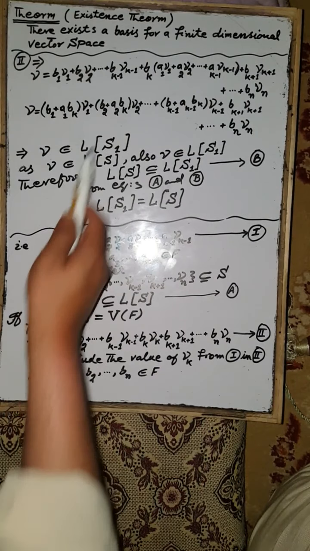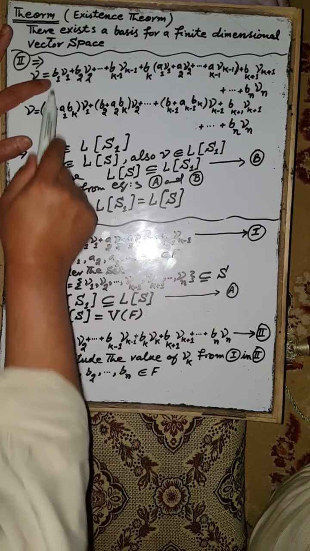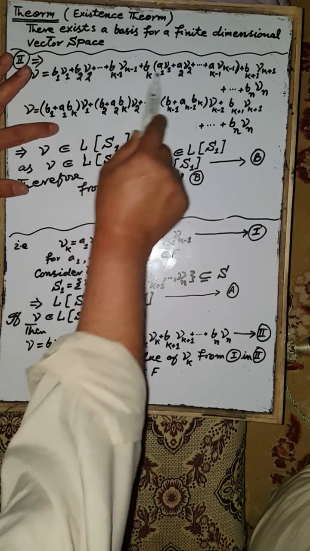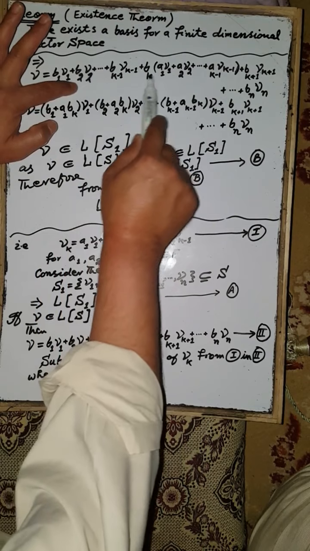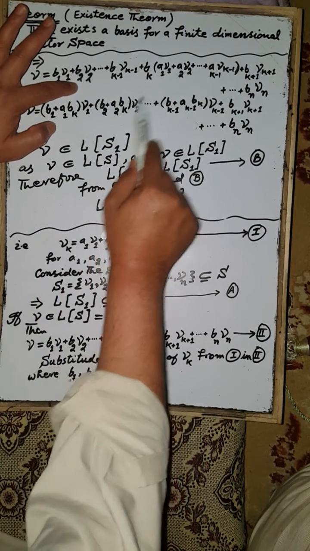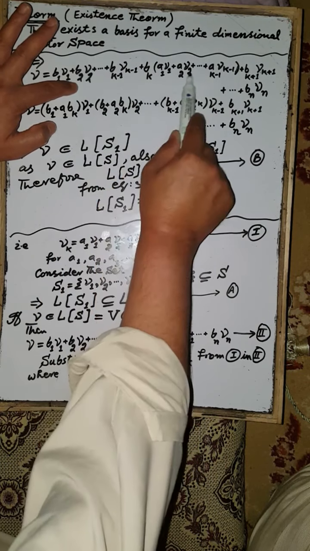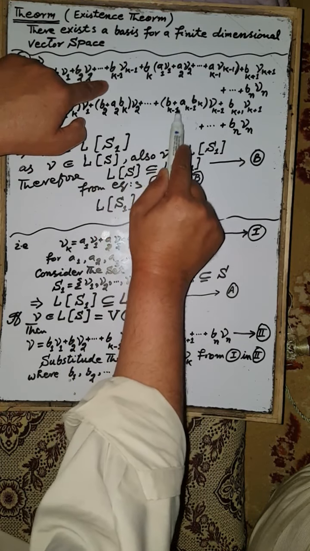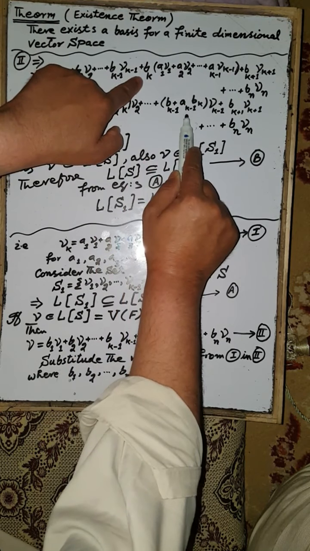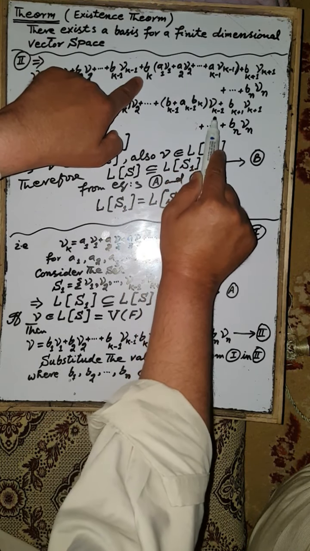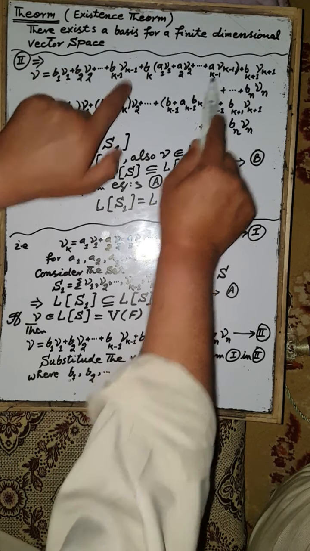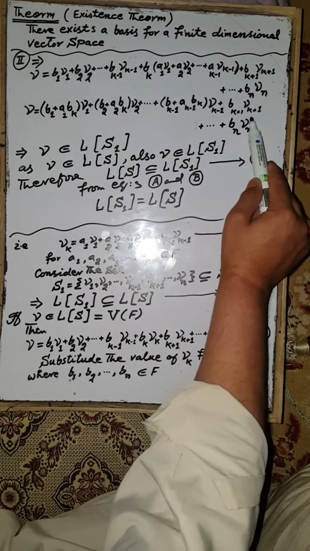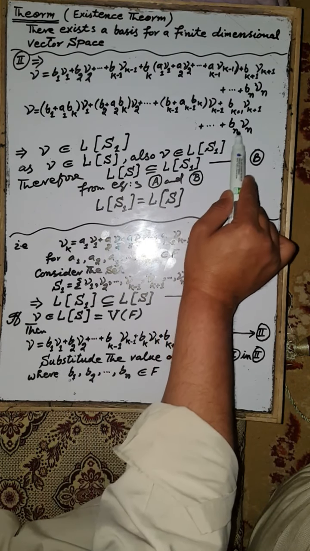Now rearrange. We have b1 plus a1 bk times v1, since v1 is common in these two terms, plus b2 plus bk a2 multiplied by v2, that is, v2 is common in these two terms, and so on, bk minus 1 plus ak minus 1 bk vk minus 1, that is, vk minus 1 is common in these two terms, and so on, plus bk plus 1 vk plus 1 plus up to so on bk bn vn.